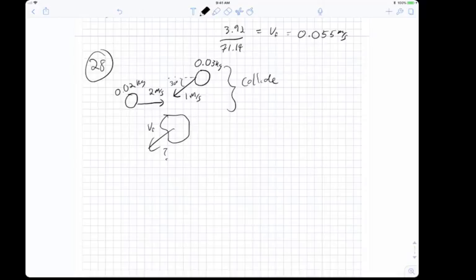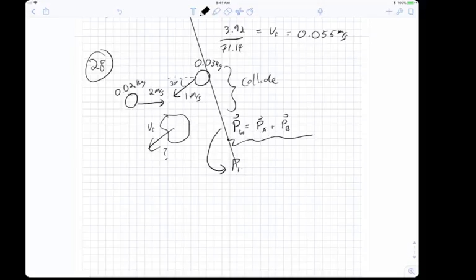So the deal here is that momentum is a vector, P total equals PA plus PB, which is kind of tricky. So instead of talking about it this way, I'm going to talk about it in terms of its x components and its y components separately.